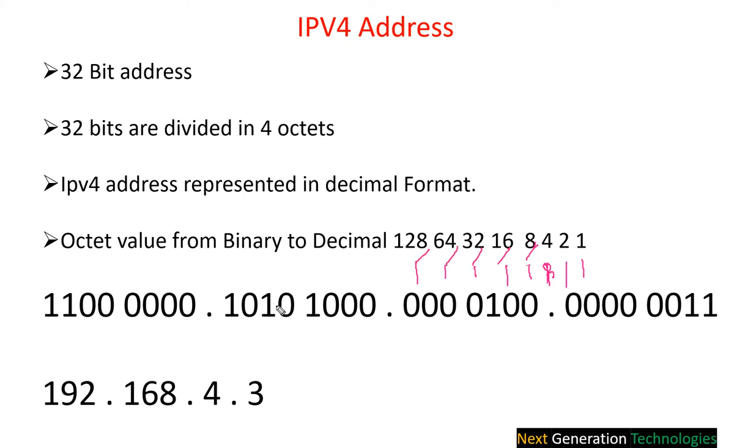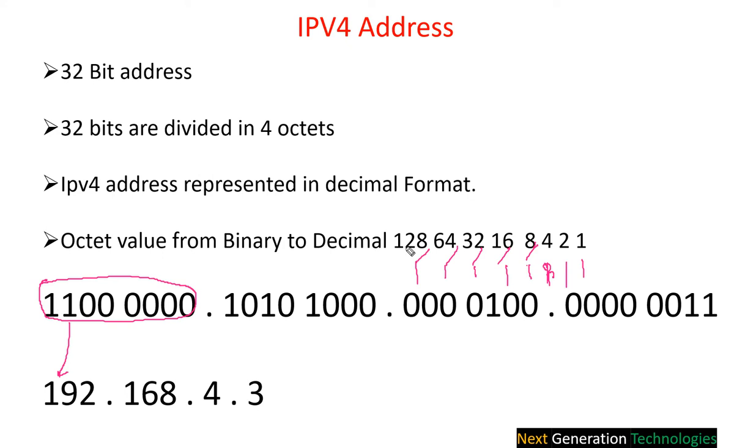So if we want to convert this binary IP address to decimal, each octet is converted from binary to decimal, and addition of all the digits is done to convert this binary into the decimal format.